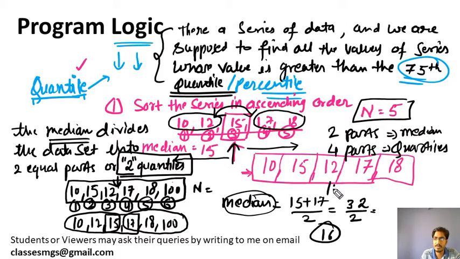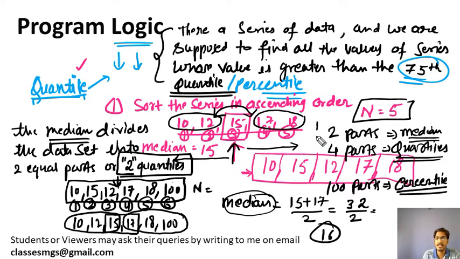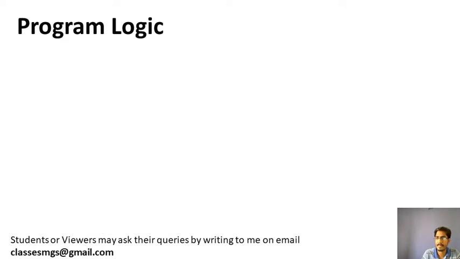And if you are dividing into 100 equal parts, then this is known as percentile. So we have already seen how to divide into two equal parts and how to calculate the median. Now we will see quartiles. I am rubbing this whole thing out and explaining the quartile concept.